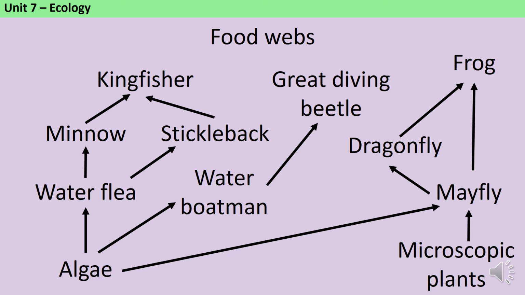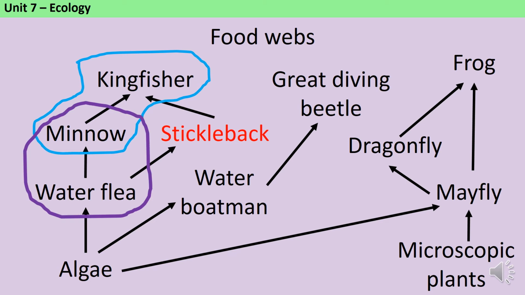Sometimes it's a little bit more complicated than this to predict what will happen in a food web. Let's say that all the sticklebacks die out. The sticklebacks are eaten by the kingfishers, so losing this food source could cause their numbers to drop. However, the kingfishers also eat minnows, and so it's quite likely that they'll just eat more minnows in order to stop from starving.